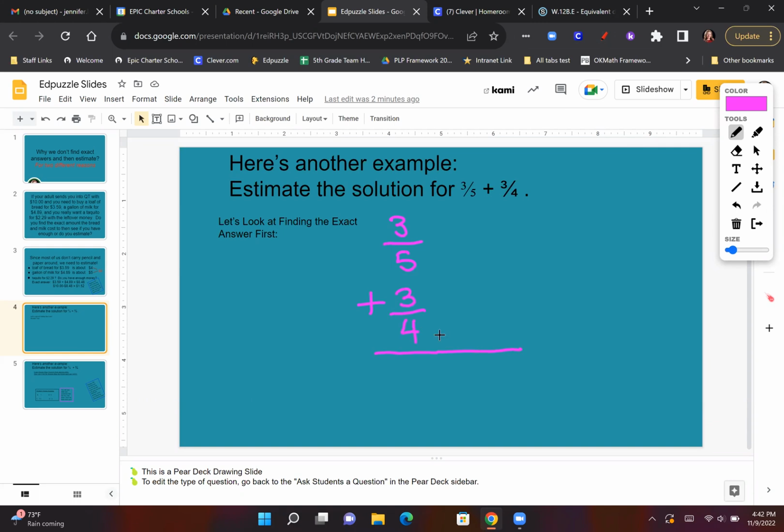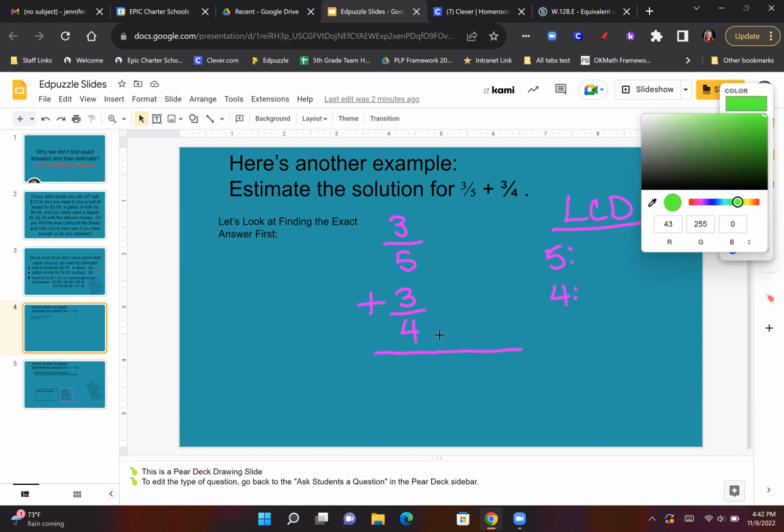First of all, I'm writing them vertically, and we'll talk a little bit more about this as we go on, but lowest common denominator is going to be first, which is really just, what are your multiples of 5? What are your multiples of 4? You're taking the two denominators that you have and finding the lowest common multiple of the two of them.